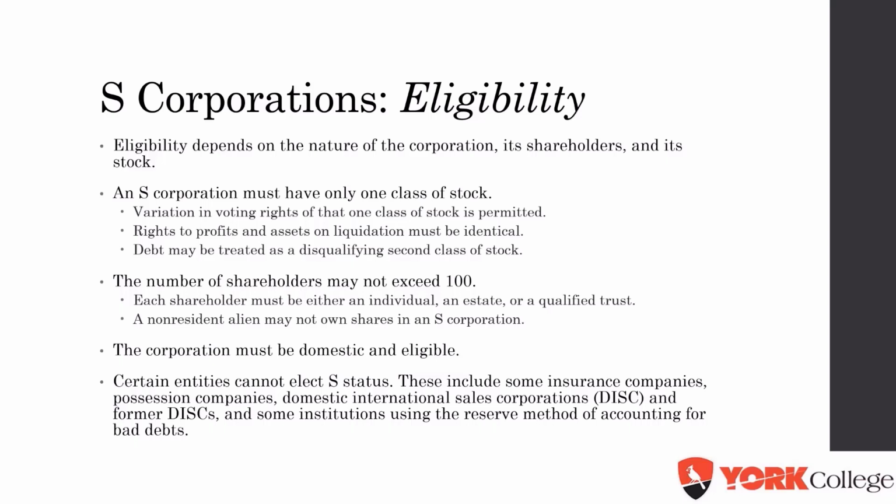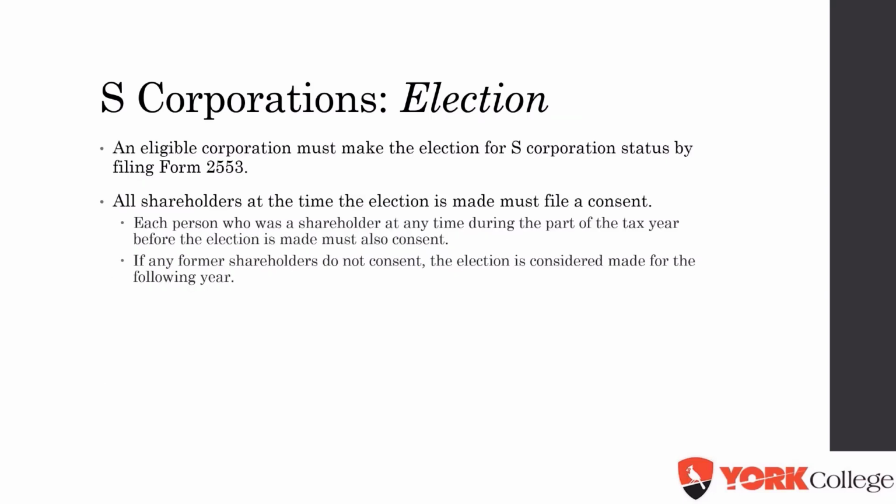There's a reason why S status cannot be allowed for these. It depends on the industries that they're in, which makes it so that the tax exemption on a governmental rationale basis is not allowed. So that would be eligibility, the first prong.